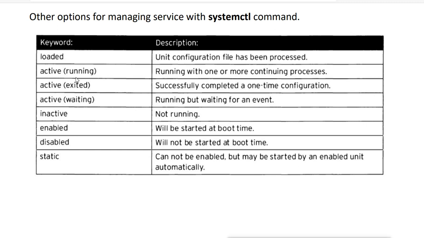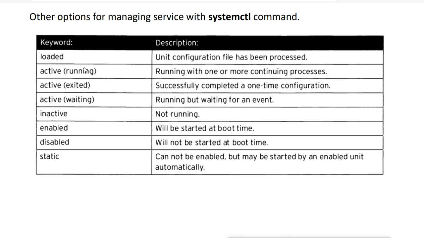Then active running means running with one or more active continuing processes. Active exited means it successfully completed a one-time configuration. Active waiting means it is running but waiting for an event. We can see these statuses when we run the command systemctl status.